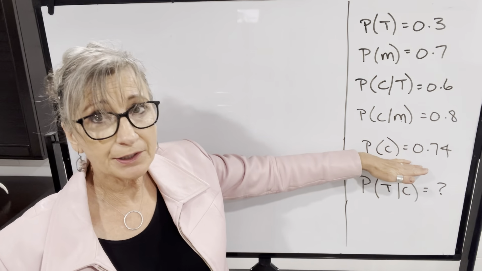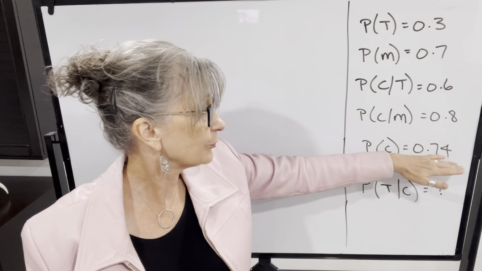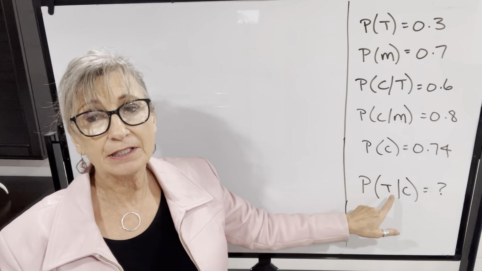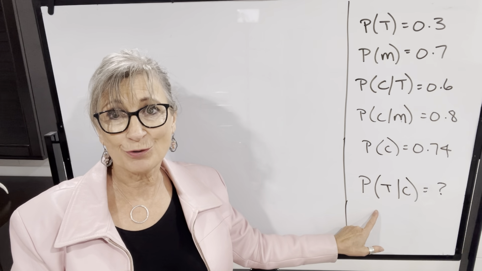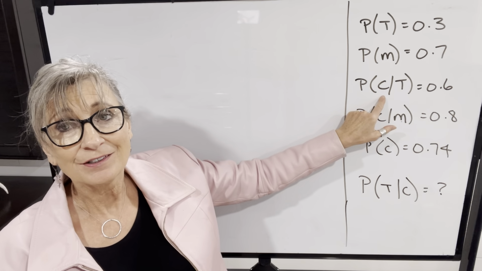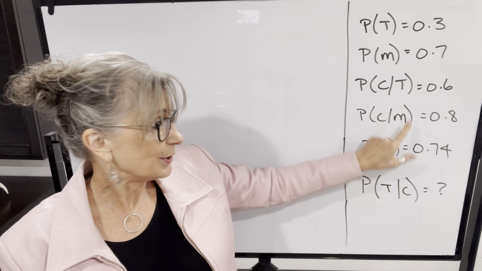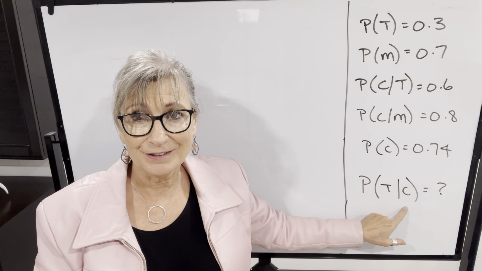We have now calculated the probability of Sam getting the question correct is 0.74. And now what we're going to find is, if Sam got the question correct, what's the probability that it was a true-false question? We know the reverse of that, the probability that Sam gets it correct given that it's true-false. But now we want to know the probability that it was true-false given that Sam got it correct.